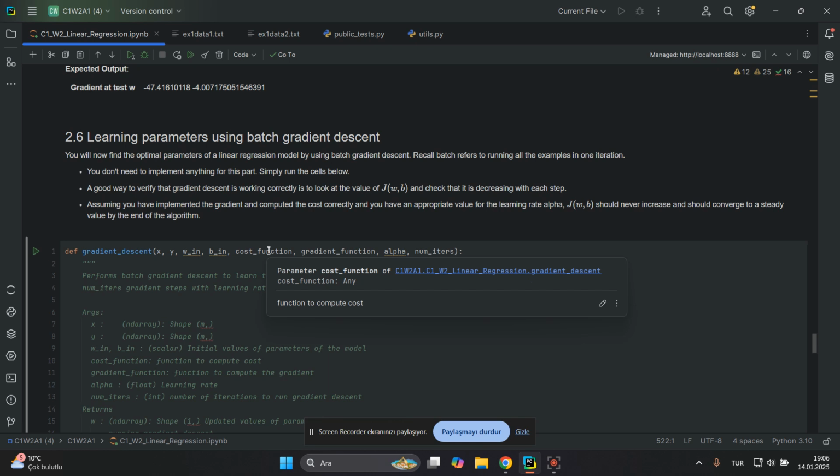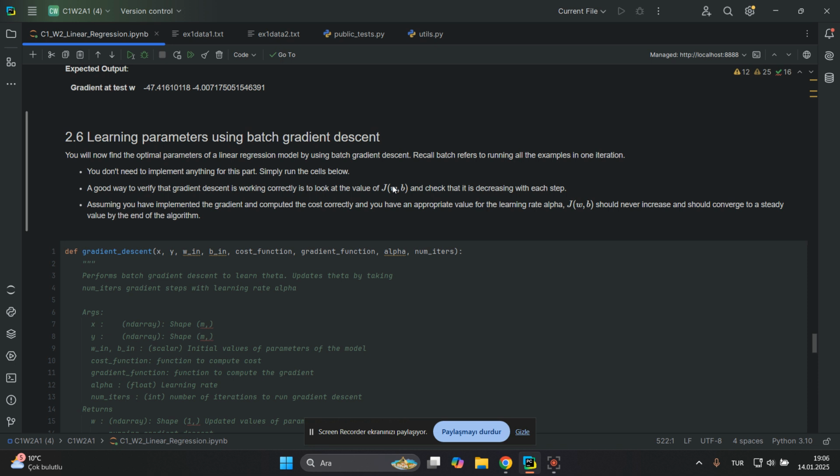You don't need to implement anything for this part. Simply run the cell below. A good way to verify that gradient descent is working correctly is to look at the value of J and w, b for each step. Assuming you have implemented the gradient and cost correctly and you have picked a good learning rate, J should never increase and should converge to a steady value by the end.